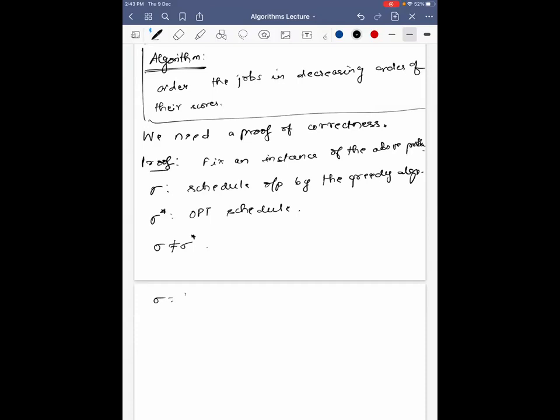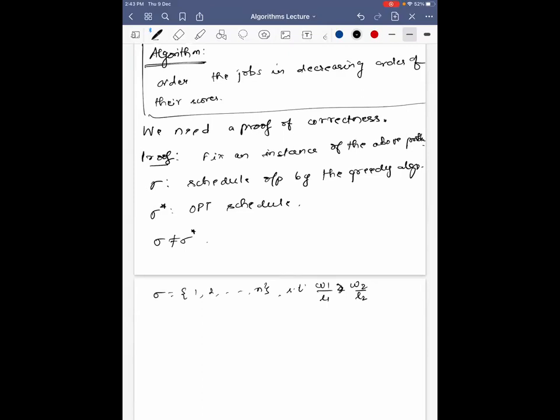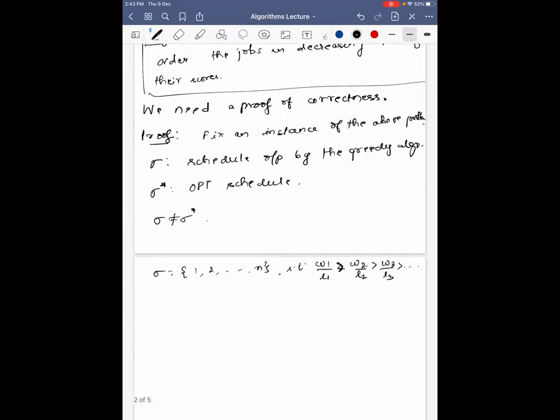To be more precise, we'll rename the jobs to be 1 up to n, such that W1 by L1 is greater than W2 by L2, greater than W3 by L3, and so on. We'll also make an assumption over here that these ratios Wi by Li are all distinct.